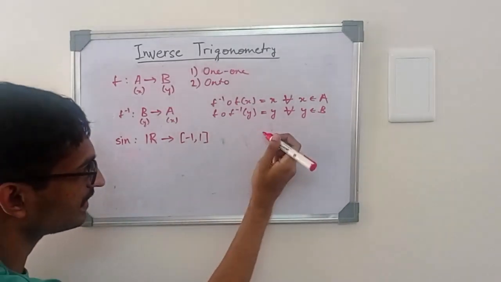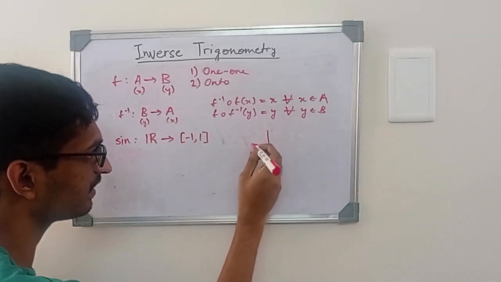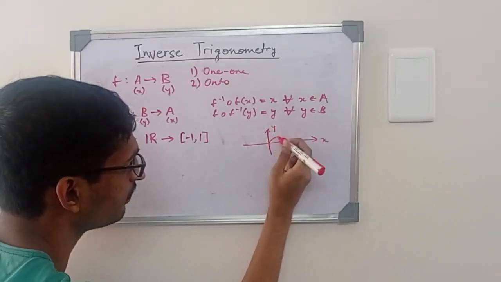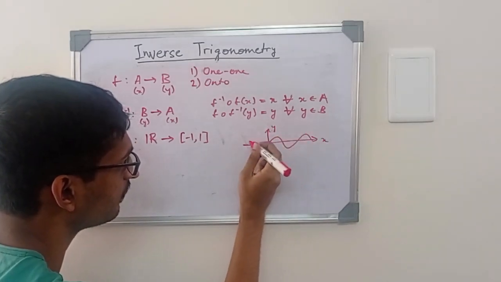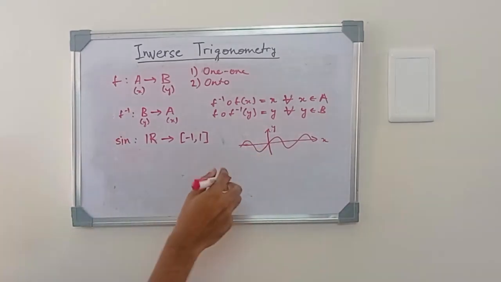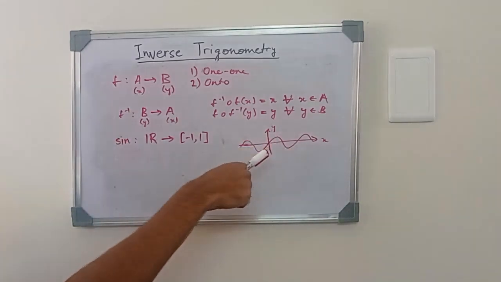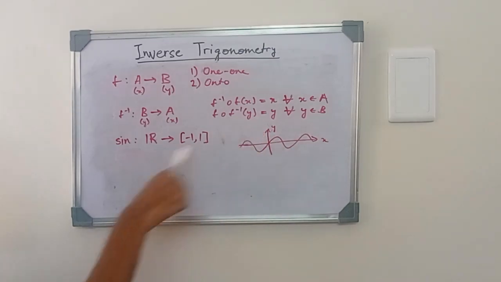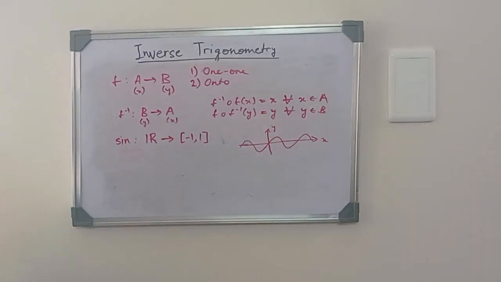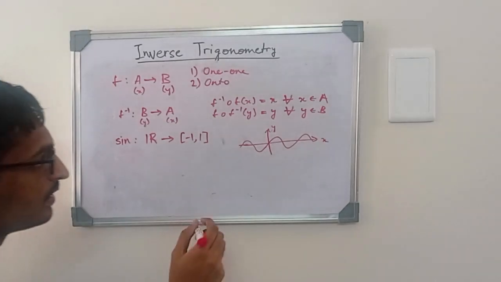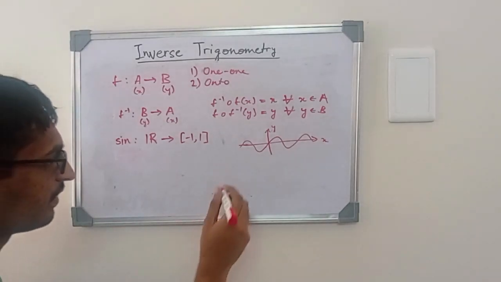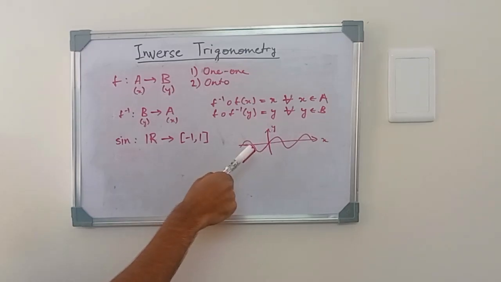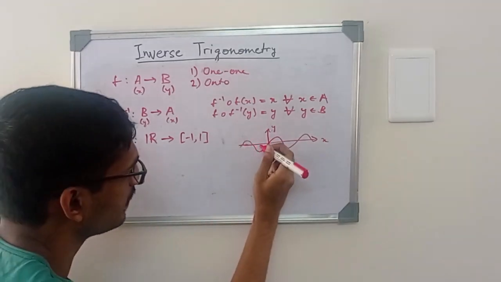As an example, the graph of y equals sin x looks something like this. The values just keep repeating themselves, and you can see that there are multiple values of x corresponding to the same value of y. So it is clearly not one-one. However, by restricting the domain of this function, we can make the function one-one like this.